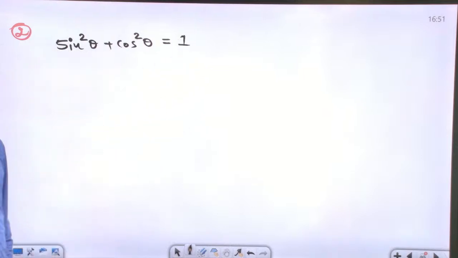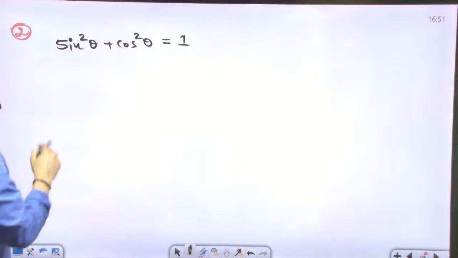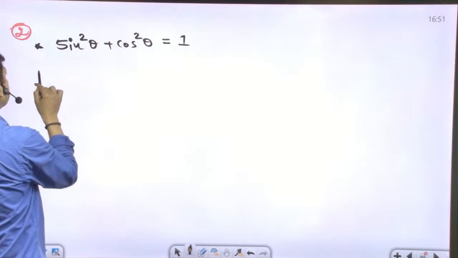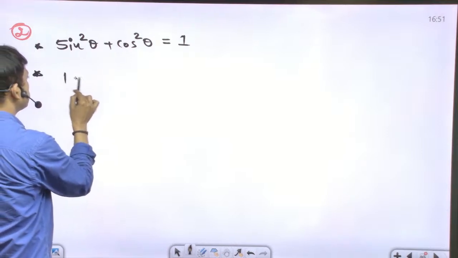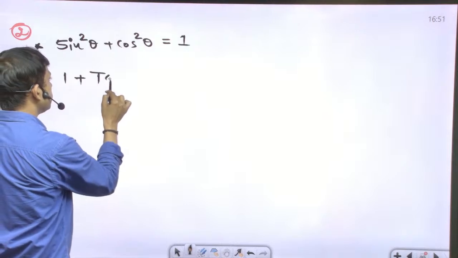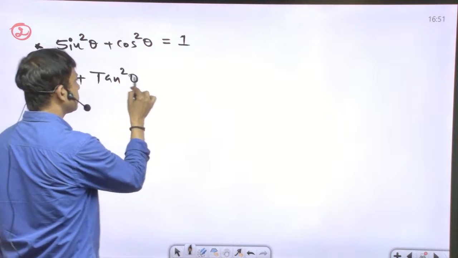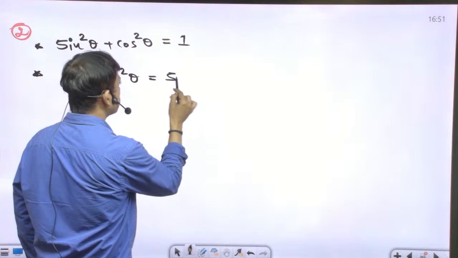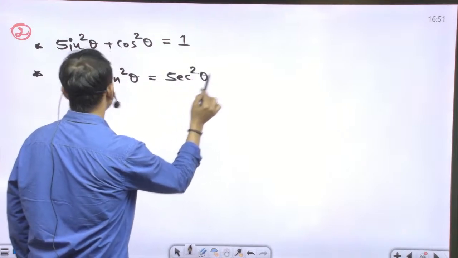This is the identity, a formula. Second, 1 plus tan square theta is equal to sec square theta.